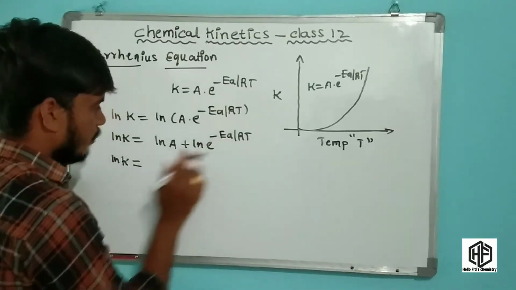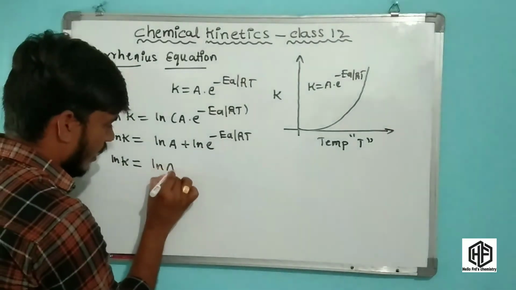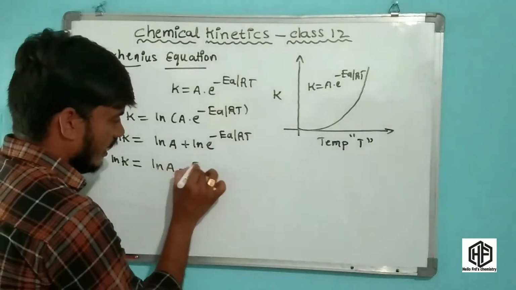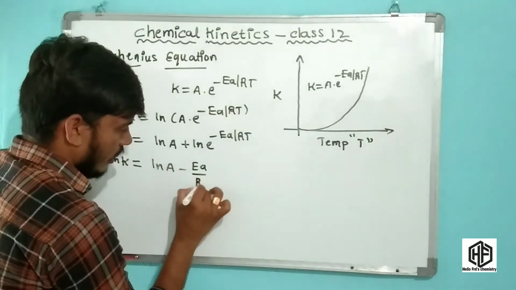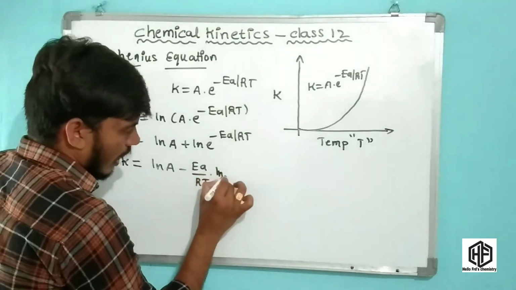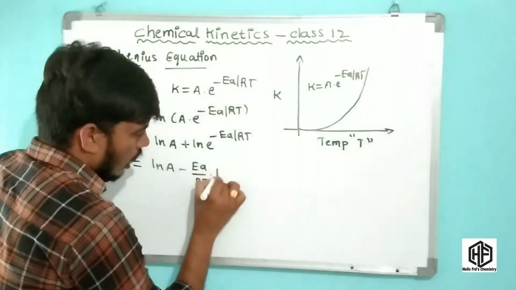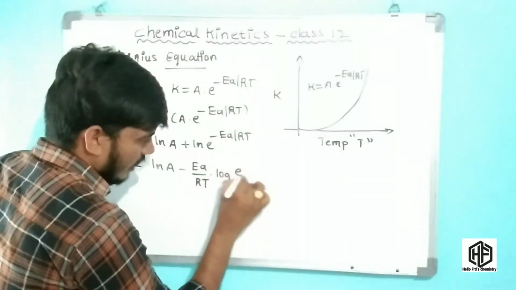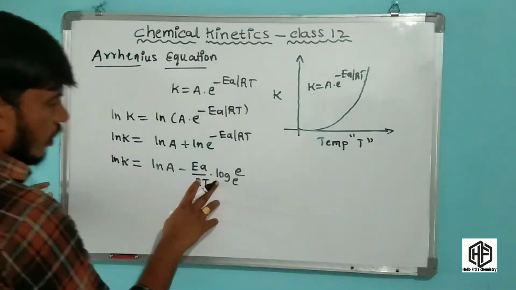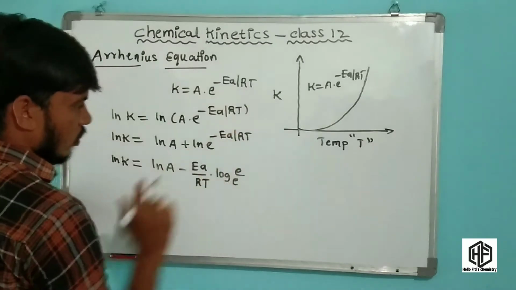Here minus Ea by RT is the power of e. Now the expression is ln A minus Ea by RT into ln e. Now ln e is log base e of e, and its value is 1.